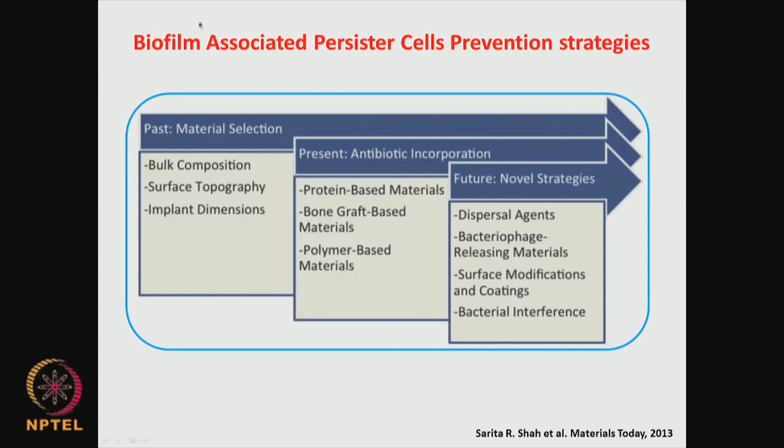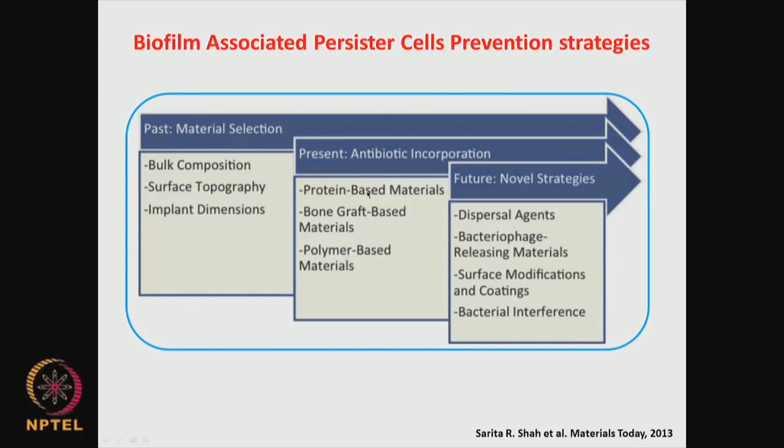So, the biofilm associated persister cells, that is, cells which remain even when you treat with antibiotic. How do we address them? In the original days they thought of having a material able to address these persistent cells, considering composition, surface topography, and implant dimension. Currently, what they do is incorporate antibiotics in the material surface so that they release antibiotics or antibacterials.